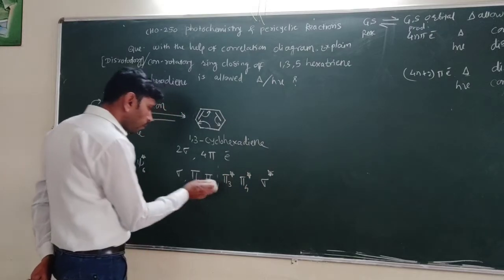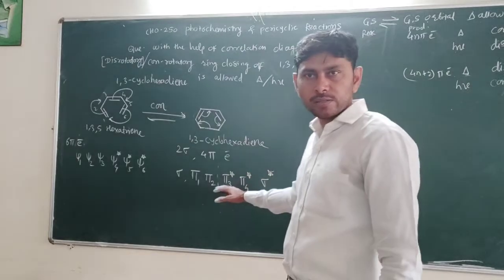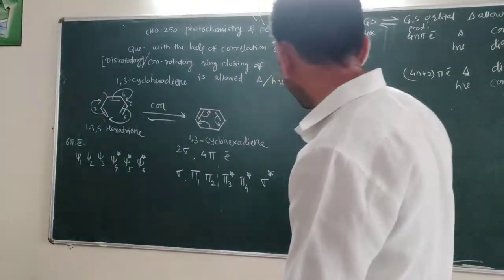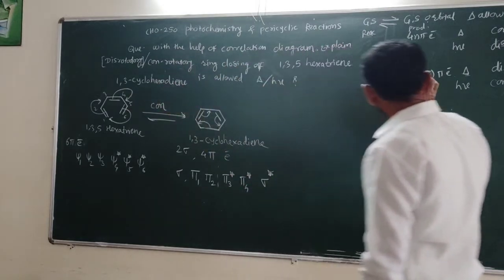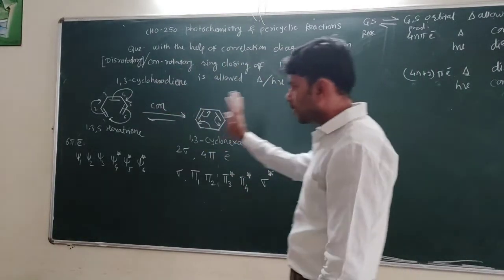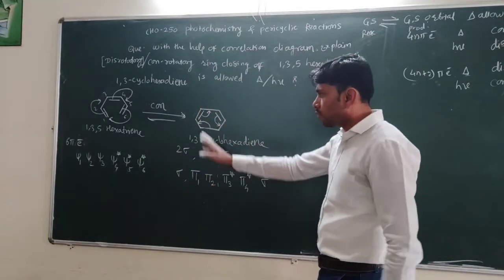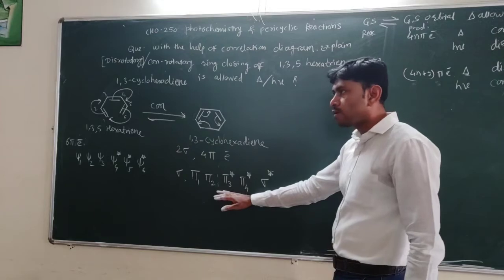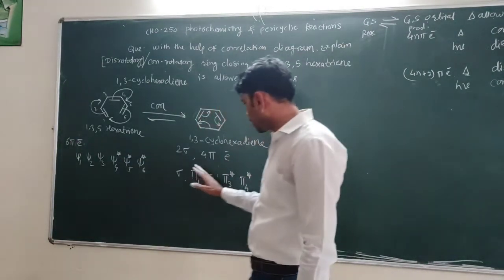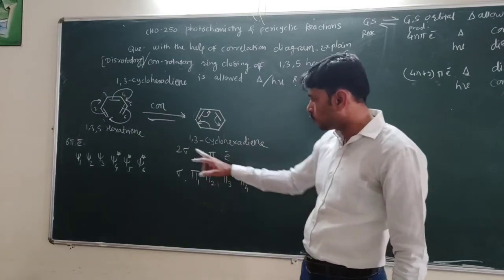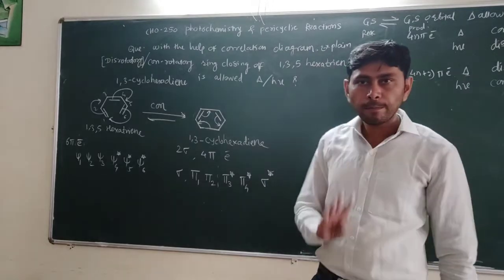So half bonding, half anti-bonding molecular orbitals. So a 6 pi electron system, or 4n plus 2 pi electron system, contains 6 molecular orbitals, 6 of the reactant and 6 of the product.